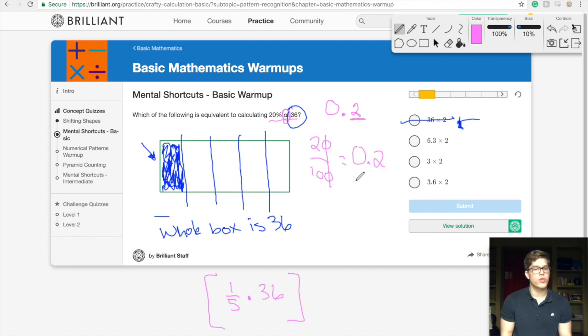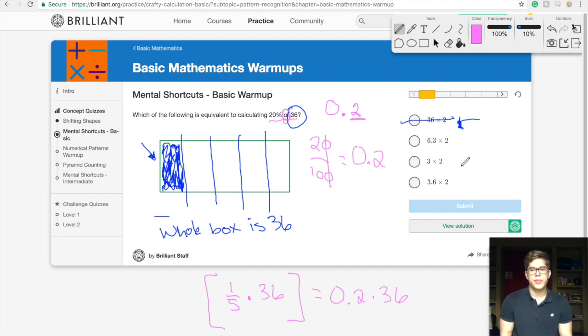This is a really easy fraction to convert to a decimal because they share a common name. And so 2/10 is this as a fraction, and then again we need to multiply it by 36. So 1/5 times 36 is equivalent to 0.2 times 36. And again, we go to our answer choices and we don't see this anywhere listed.